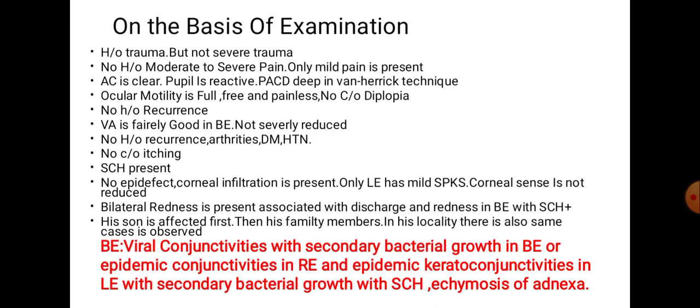So what I diagnosed is both eyes viral conjunctivitis with secondary bacterial growth, epidemic conjunctivitis in the right eye, because in the right eye we do not see any kind of corneal involvement, and epidemic keratoconjunctivitis in the left eye; kerato means in the left eye we see SPKs or corneal involvement. Secondary bacterial growth and subconjunctival hemorrhage are also present. Yes, there is a lot of subconjunctival hemorrhage present in cases of epidemic keratoconjunctivitis.